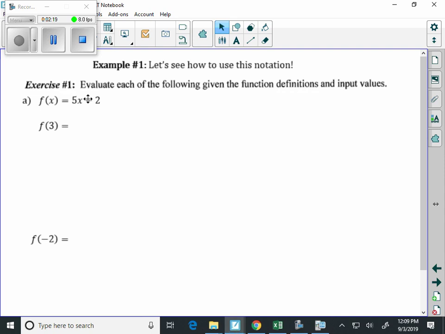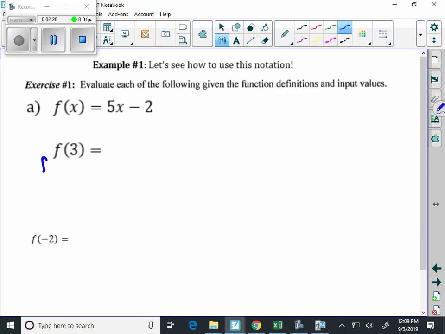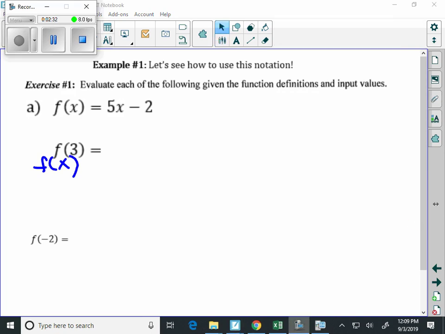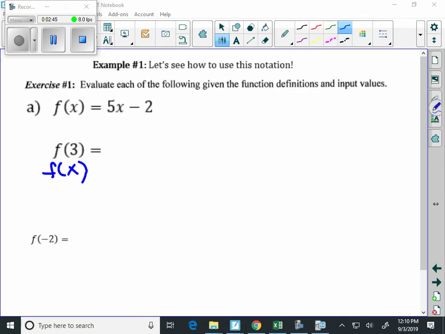Well, remember what this is when we're looking at this. It says f parentheses 3, that is an f of x. So 3 is the x value, and what this means is we're going to take this value of 3 and put it back into our function wherever we see x.